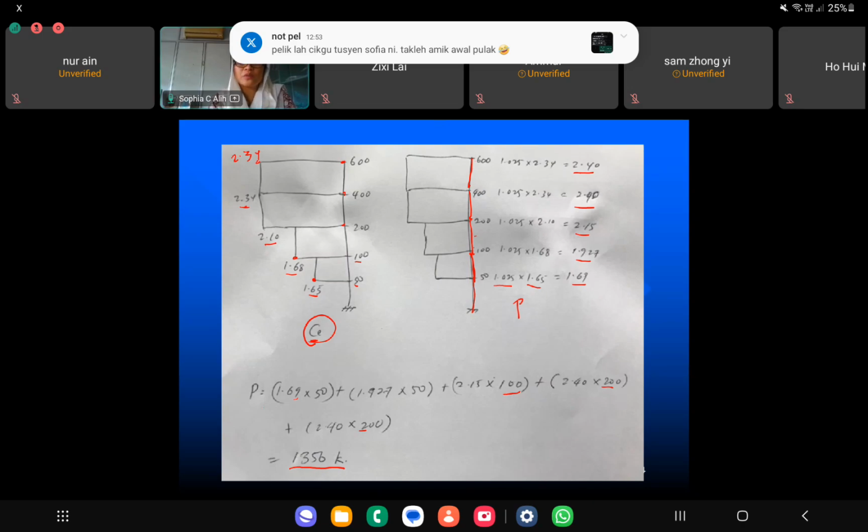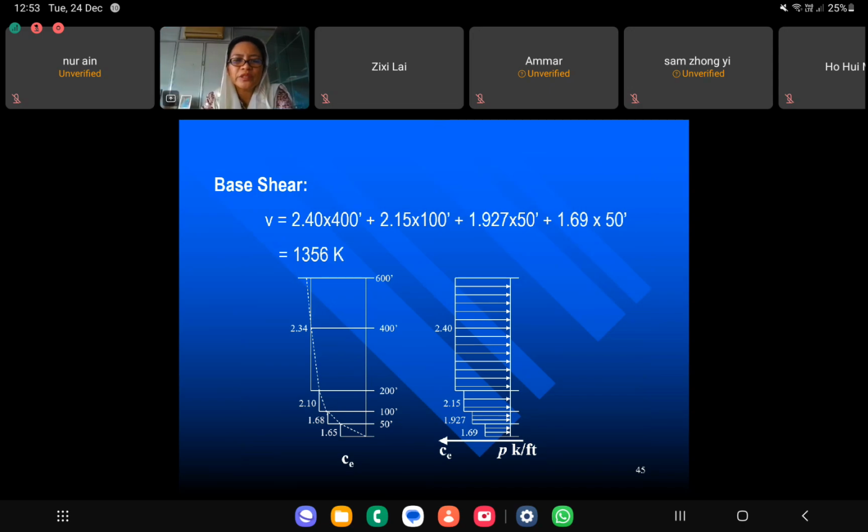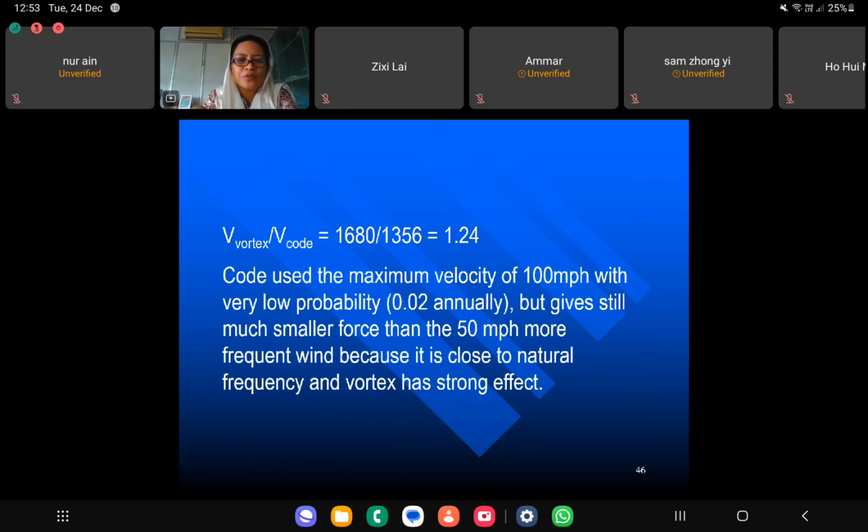Now compare it with the one that you can calculate with the dynamic, right? From the vortex that you calculate using dynamic calculation, you have this one, 1680, and from code, it gives you 1356.